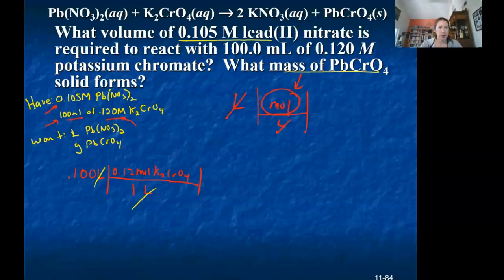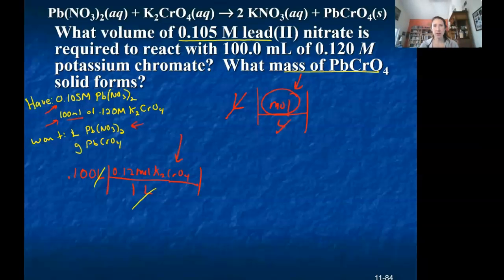Again, let's say I don't know what to do now. We have moles of K2CrO4. Our first question is, we need to get to liters of Pb(NO3)2. What we do know is we have K2CrO4 and we want Pb(NO3)2.